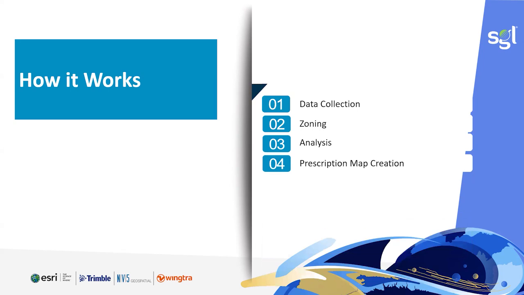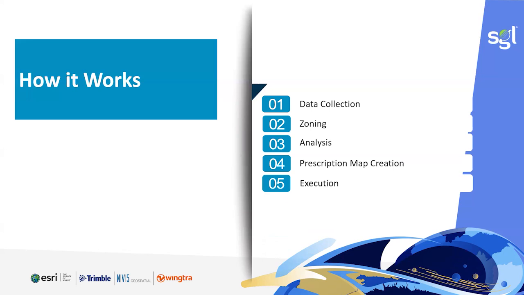Then we'll now be talking about prescription map creation, which is generating maps with input rates for each of these zones. Then we come to the final step, which is execution.